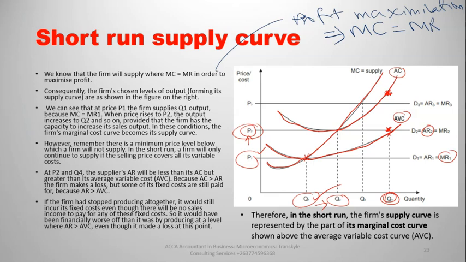So if the firm had stopped producing altogether, it would still incur its fixed costs, even though there would be no sales income to pay for any of these fixed costs. So it would have been financially worse off than it was by producing at a level where the average revenue is greater than the average variable cost, even though it made a loss at this point.